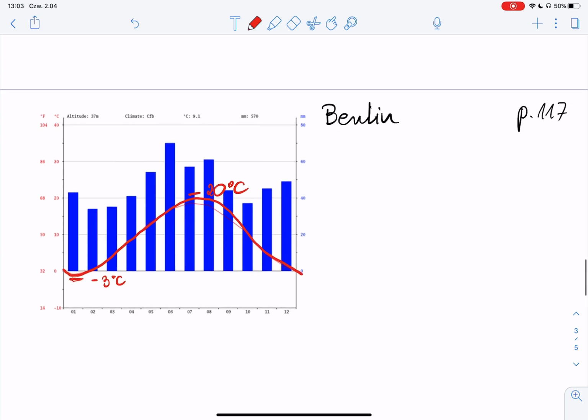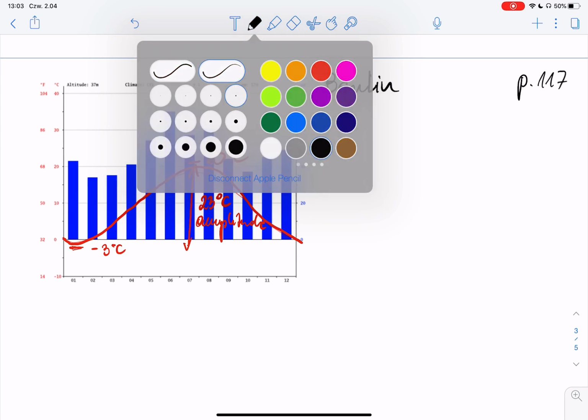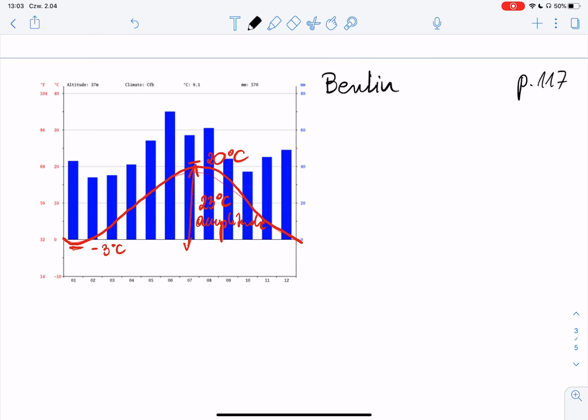So basically, the amplitude from here to here is 23 degrees Celsius. It changes throughout the year. This means that there are seasons. And we know that in Berlin it's 4 seasons, just like in Poland.